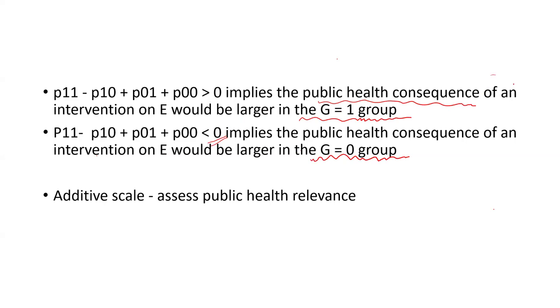I'll come back to this, which is simpler with the further calculations. So actually this additive interaction has public health significance because it helps us identify which group our limited resources should be concentrated on. So additive interaction does have public health relevance.